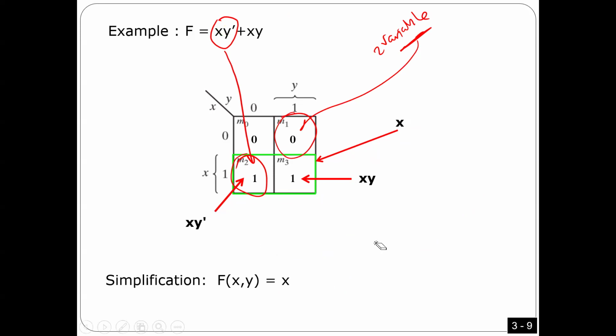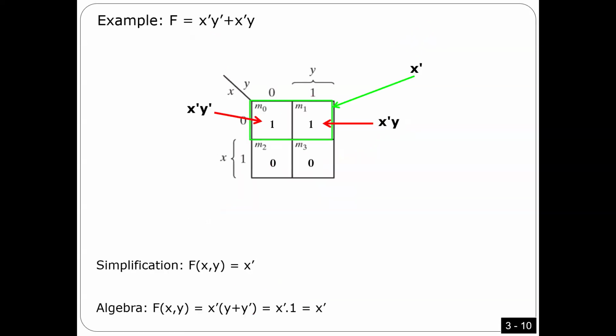But if the term has only one variable, it corresponds to two squares combined together. I'm going to repeat the same thing when I go to 3 variables and 4 variables. For sure, the map will be bigger, so I'm going to have more options. Here I don't have many options because it's a small one.